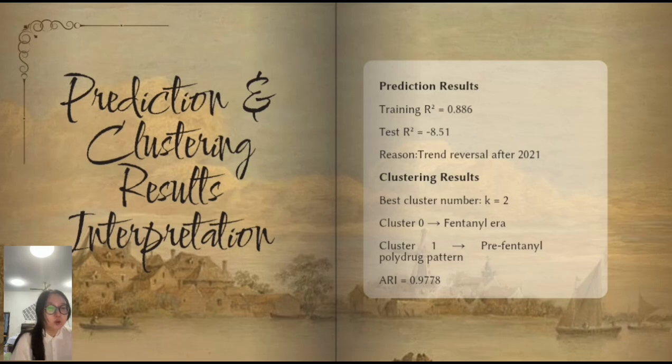Interestingly, these two clusters are very closely related to the fentanyl presence in the dataset. The adjusted Rand index between the labels and the clusters is about 0.98, which is a very strong similarity.